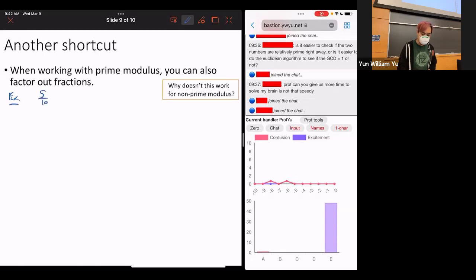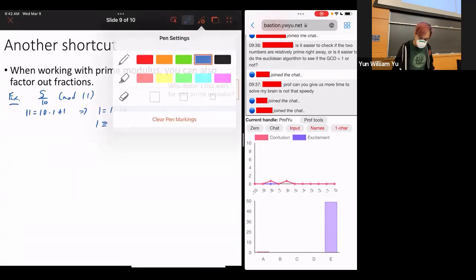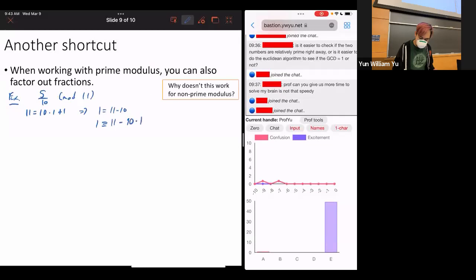So let's say we had 5 divided by 10 mod 11, okay? So one way of doing this is you can solve this directly. So 11 is equal to 10 times 1 plus 1, and therefore you know that 1 is equal to 11 minus 10, and so 1 is congruent to 11 minus 10 times 1 mod 11.